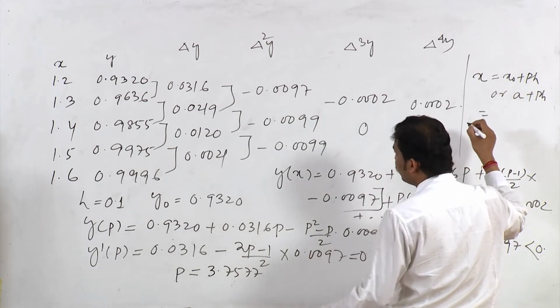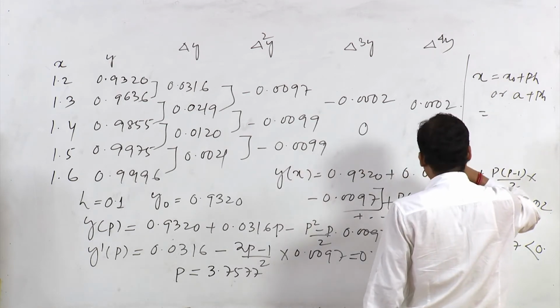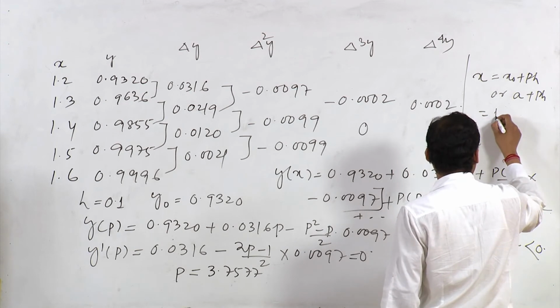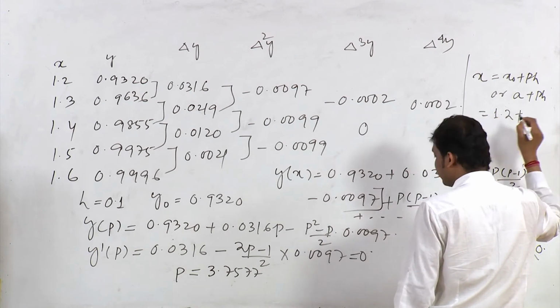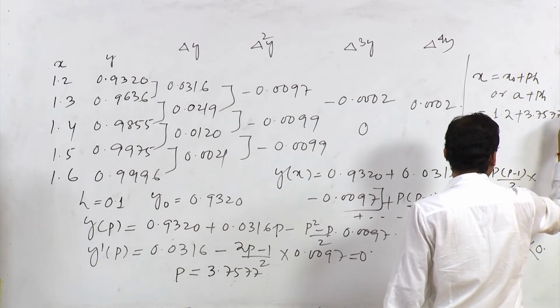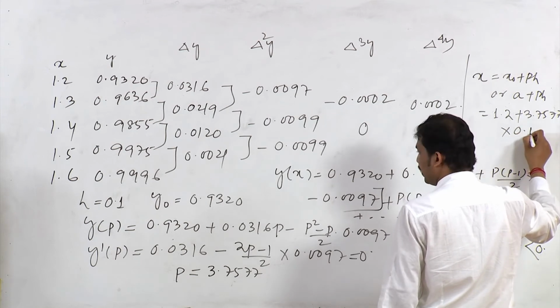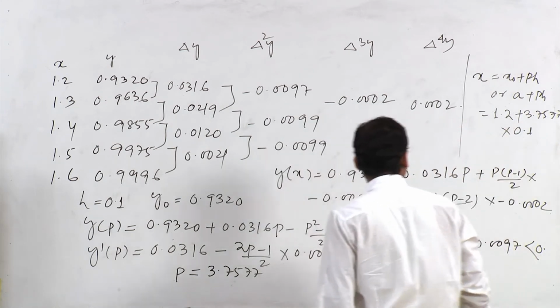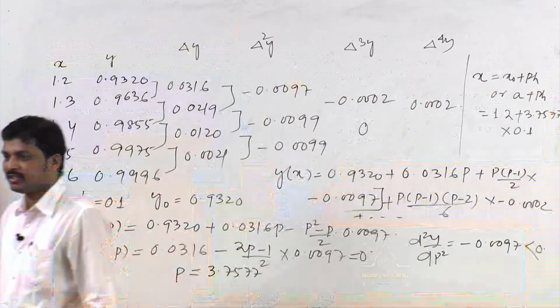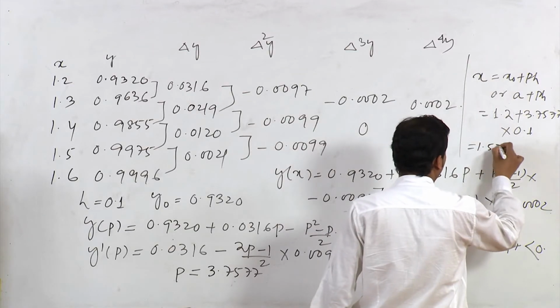The initial value is taken as 1.2 here, plus p is 3.7577 into h is 0.1 here. So finally we obtain this value as 1.5758.